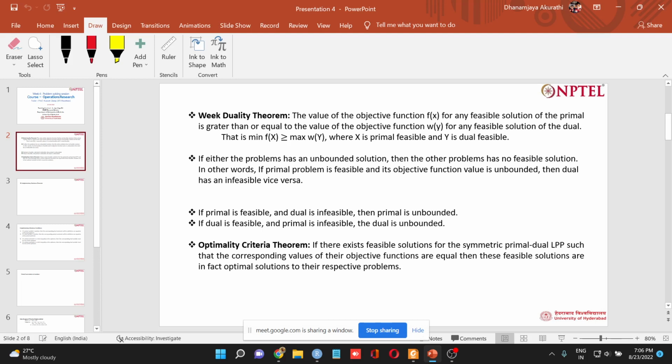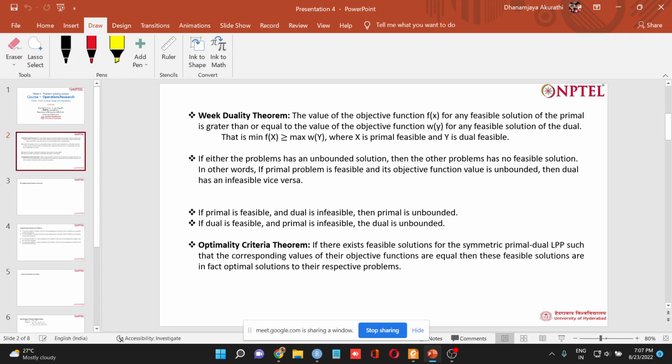And if we have a symmetric primal dual problem, like in the last statement, the optimality criteria theorem says that in a symmetrical primal dual LPP, the objective function of the primal is equal to the objective function value of the dual at the respective feasible solutions. Symmetric means the solution space of the primal should be equal to the solution space of the dual.